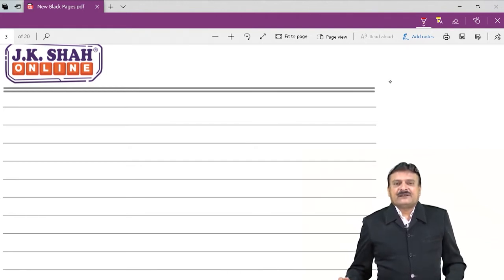All commercial banks in India are governed by the Banking Regulation Act and Reserve Bank of India.